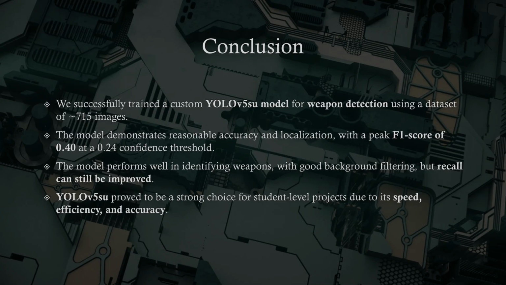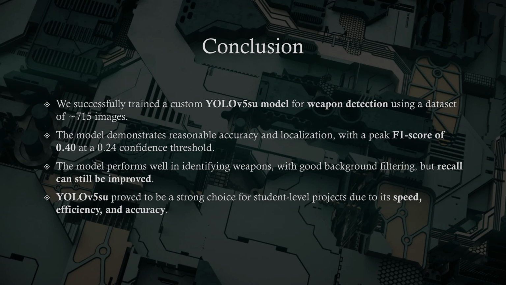We started with a custom model, but it didn't perform well. Then we switched to YOLO v5, a smarter, faster model, and saw much better results. Our model was able to detect weapons with decent accuracy, especially given our small dataset. We reached a peak F1 score of 0.40 and got a confidence sweet spot around 0.24.